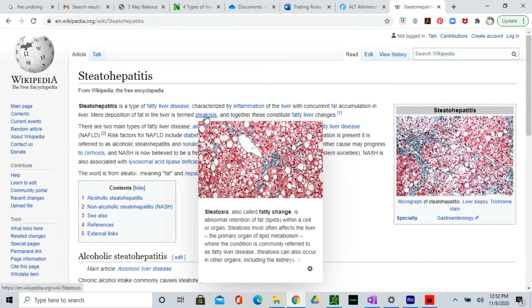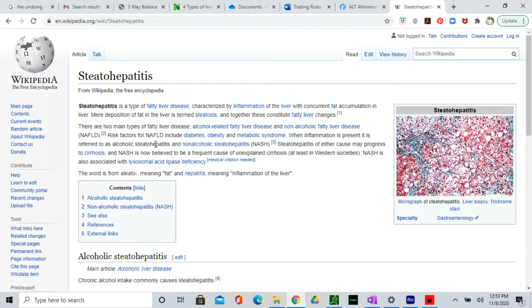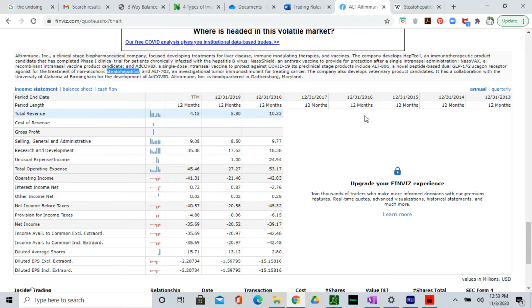That affects the liver, primary organ of lipid metabolism, right? Because that's where fats are stored. Now, fats aren't stored in the liver, but the accumulation of fat in the liver causes this disease, and then it can affect other organs. So you get this fatty liver that is because of alcoholics, things of that nature.